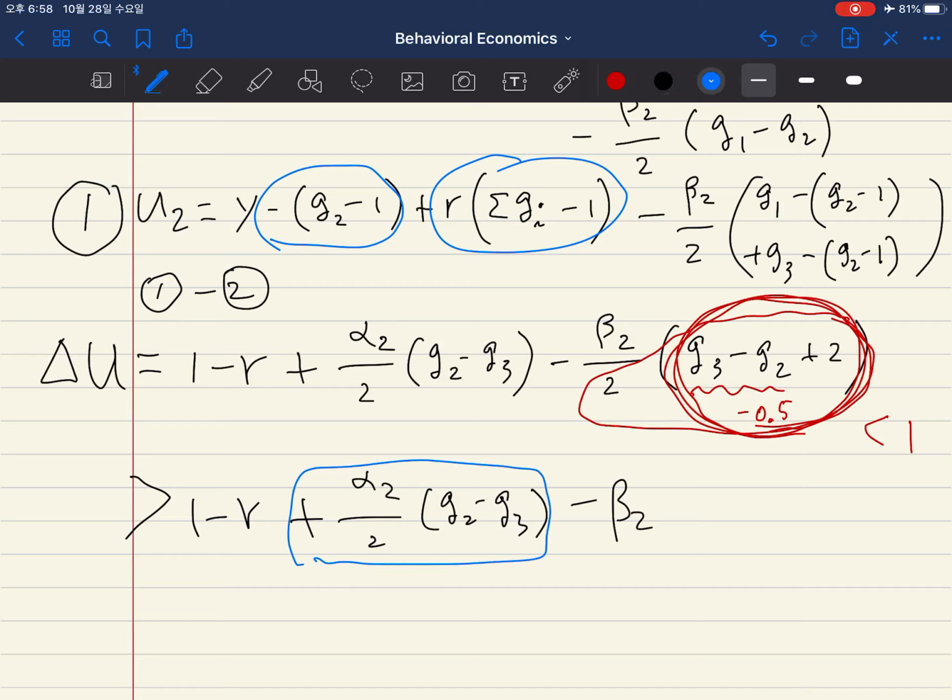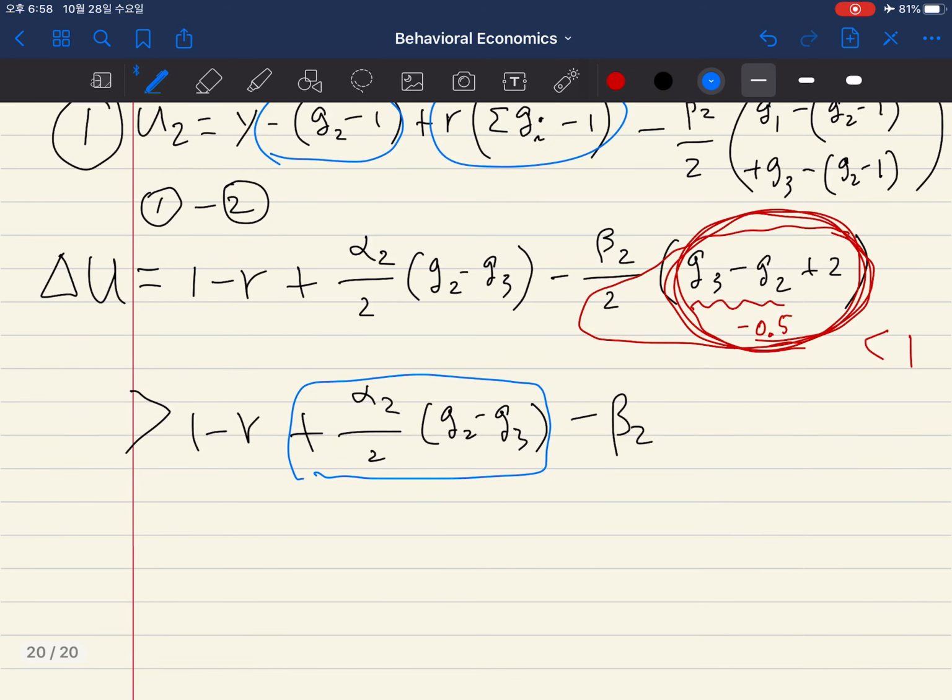This is a positive number, so we don't have to worry about that. And now, this blue term is a positive number. So if I subtract this blue term, I get this expression, beta 2.